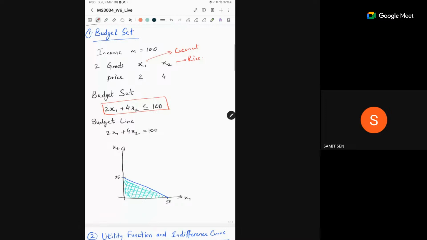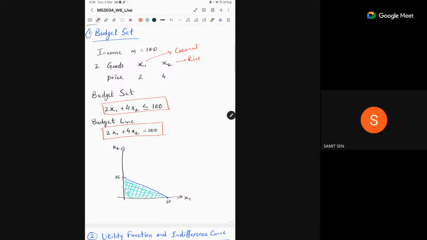The topmost boundary is represented by a line. When we replace this inequality by an equality, it becomes a line in the x1 x2 goods plane, and we call that the budget line. This is the expression for the budget line, and this blue line is the budget line.